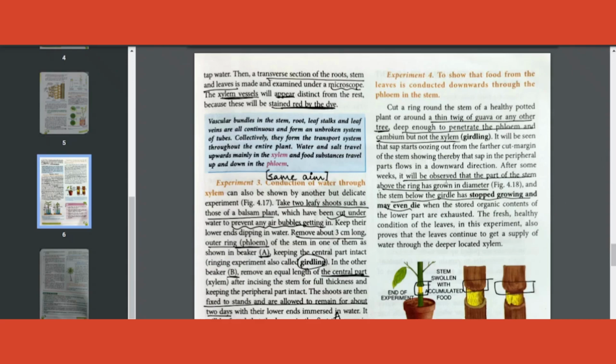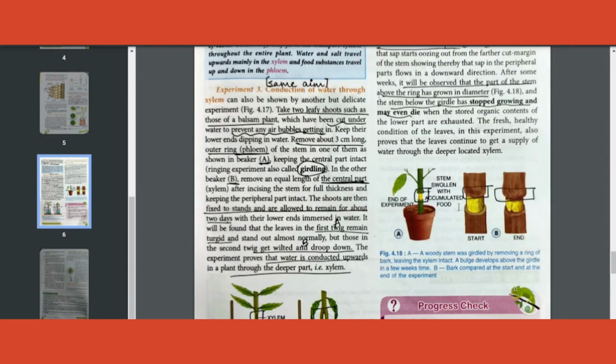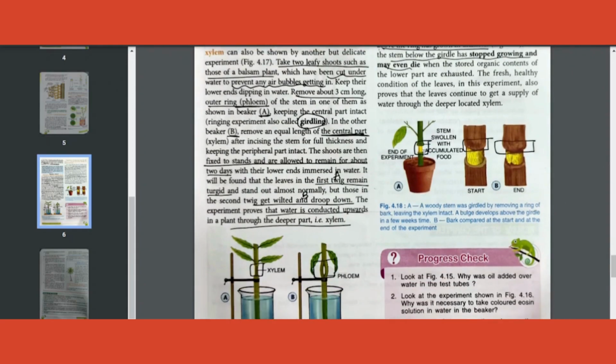We do the same experiment. In the stem, we leave the central part and carve out the rest. And after some time, what happens? They have shown the start and end. In the starting, the plant seems fine, the stem seems fine, but after some time, you will find that the upper side of the cut edge, this part, starts swelling up.